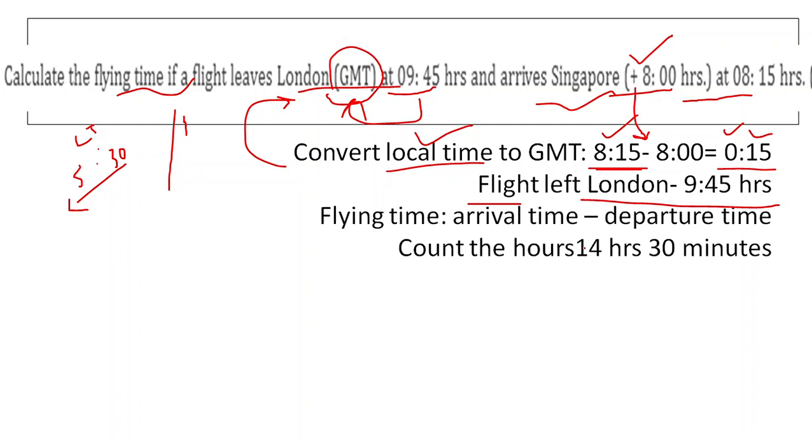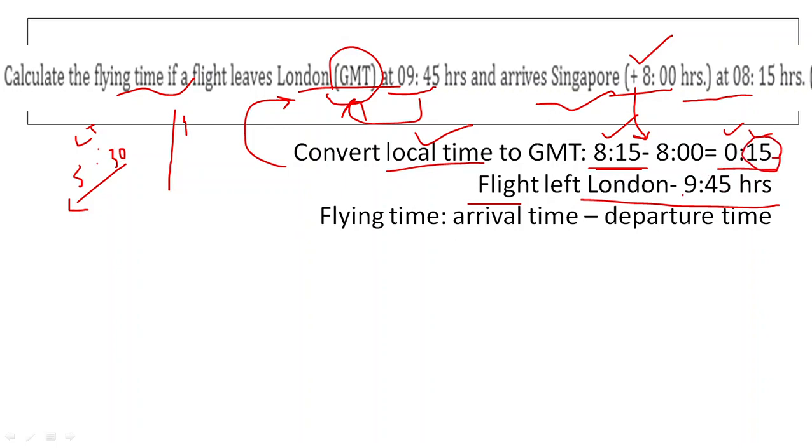One way to do this is just count the numbers. You are arriving next day 12:15 and the departure time is 9:45 hours, because we take the 24 hour clock, right?